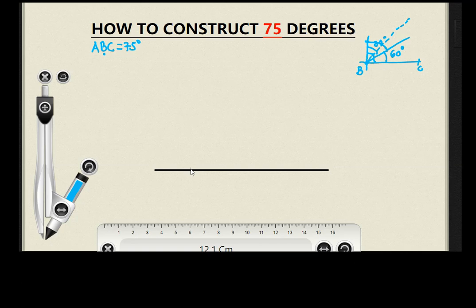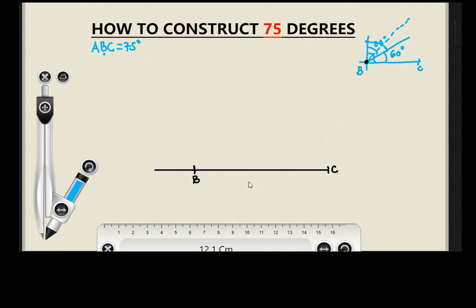We can call this point B. That's where we are going to construct 90. And remember, we said when constructing 90 you must leave a space behind the point where you are constructing that particular angle. This to be our point C.